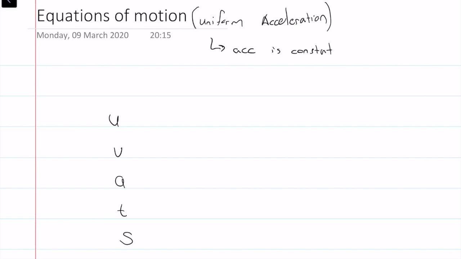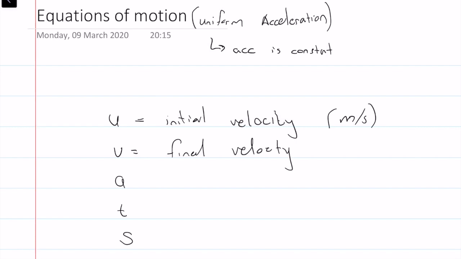So what do all these things stand for? Our U is our initial velocity, in meters per second. Our V is our final velocity, also in meters per second.